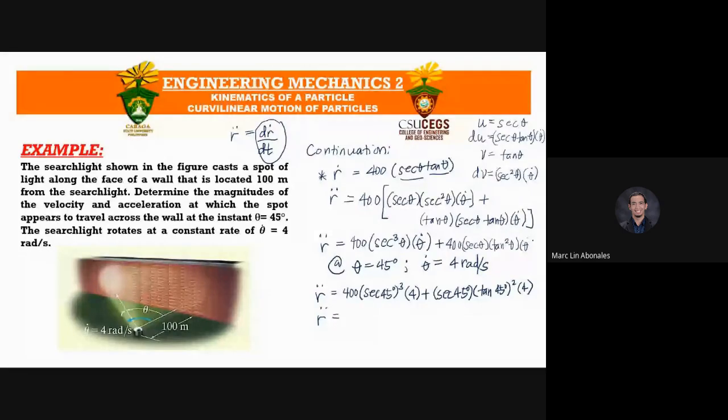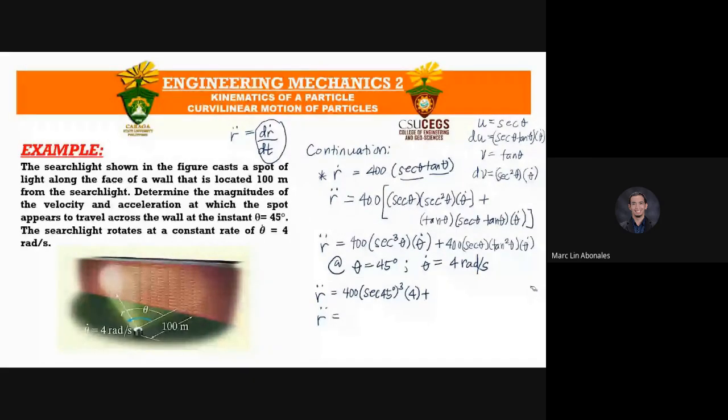I think most mistakes of students are that they forgot to multiply. They multiply the first term but forget the second term. So don't forget to multiply each term that is separated with a plus or minus sign.